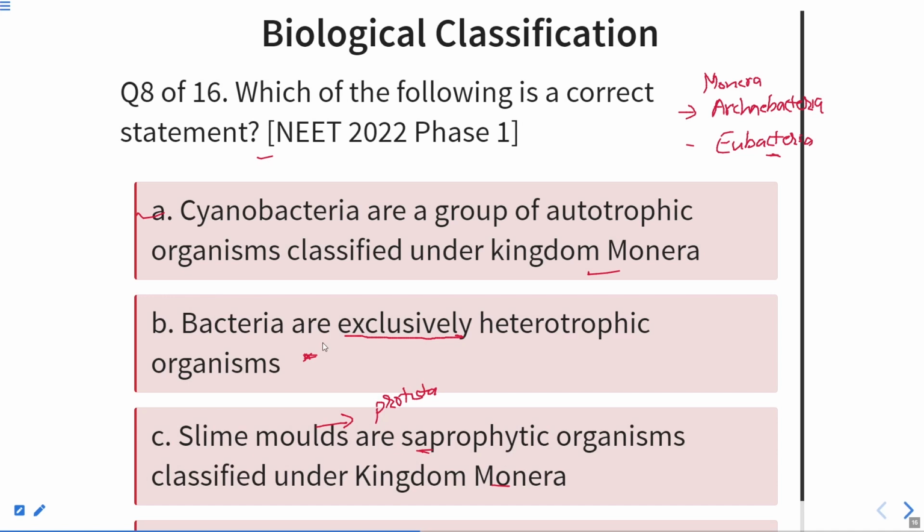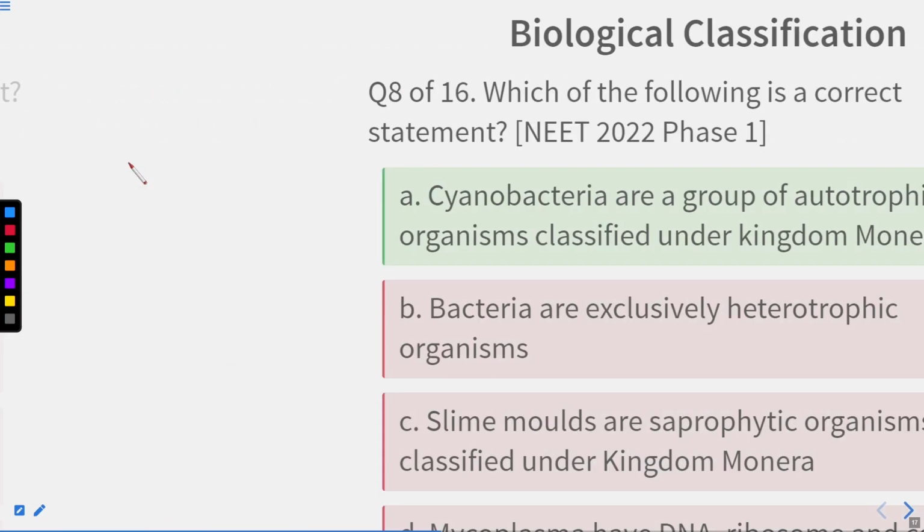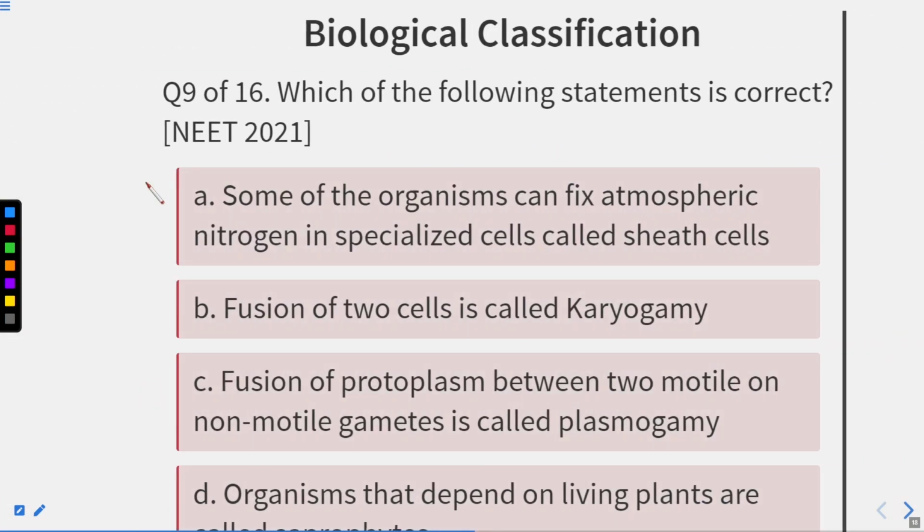Now, next option is mycoplasma have DNA, ribosomes and cell wall. Mycoplasma doesn't consist of a cell wall, so this option is also not correct. So what should be the correct answer here? Option A is the correct answer.